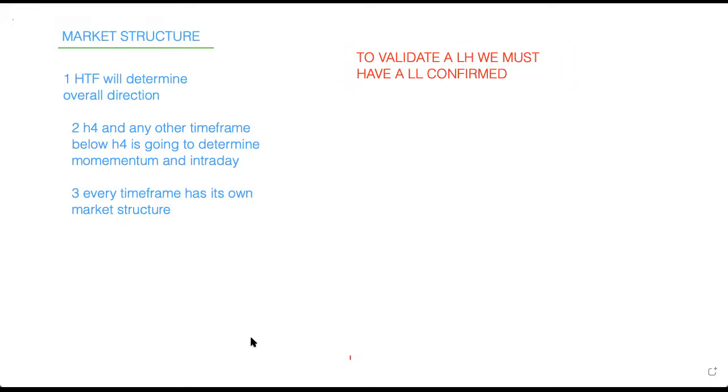So basically what we mean is this. We said this is a lower high, this is a lower low, this is a lower high, this is a lower low, this is a lower high here, right?